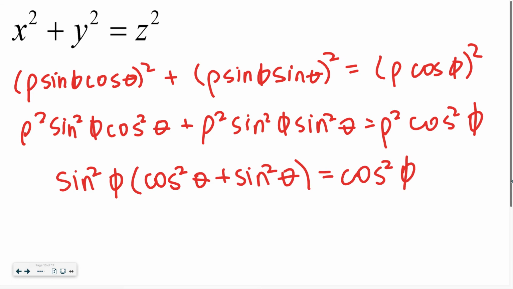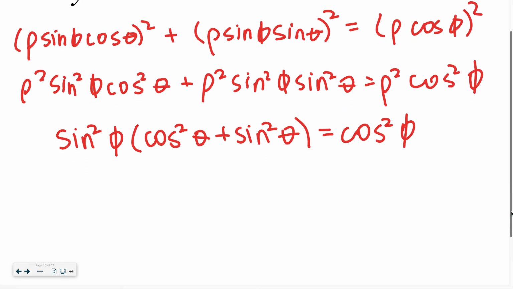Okay. So 1 equals tangent squared phi. Right. So sine squared phi equals cosine squared phi.